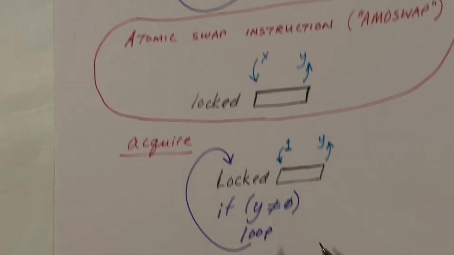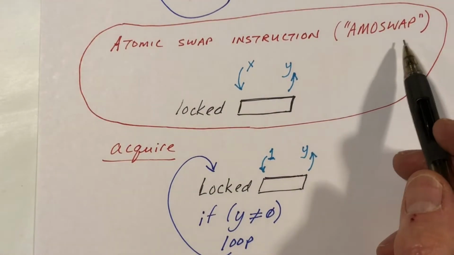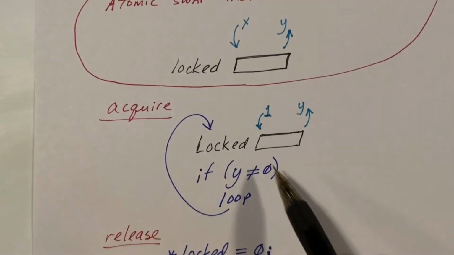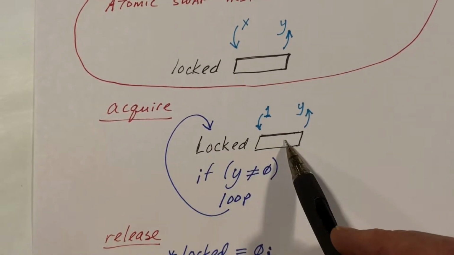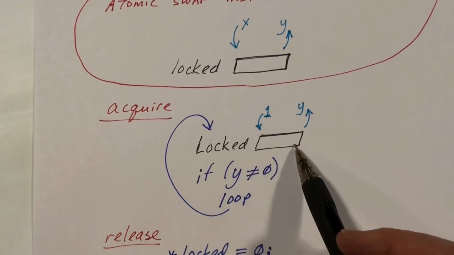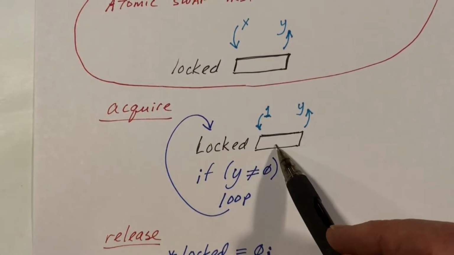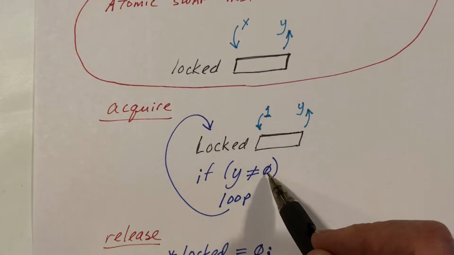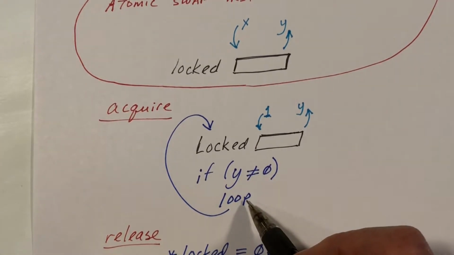So here's how we're going to use that atomic memory swap operation to correct the problem that this code has. We're going to execute the atomic swap operation, which I'm indicating schematically here. We're going to write a 1 into the location, and we're also going to retrieve the old value, the previous value. If the previous value was 0, then we're done. We have acquired the lock.